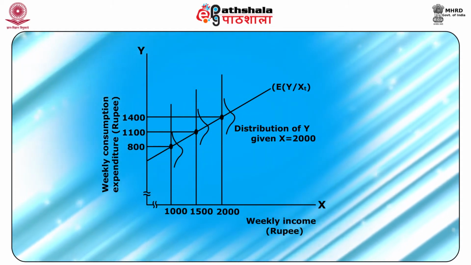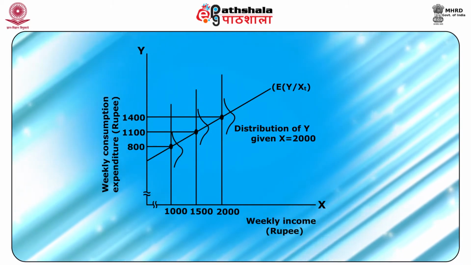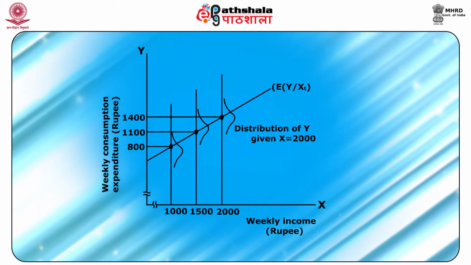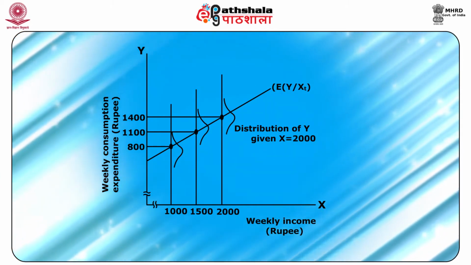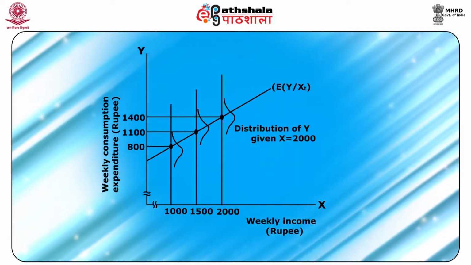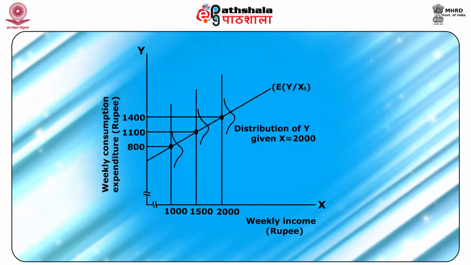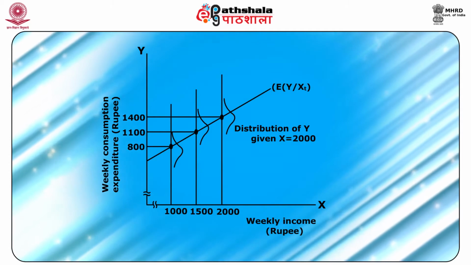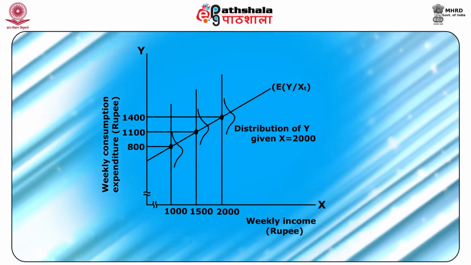We add the expenditure on consumption of all income groups and divide it by the total number of families, which is 36 in this case, and this comes out to be rupees 1583.33. It is unconditional as it includes expenditure on consumption of all income groups, and the conditional expected values are different from the unconditional expected value.